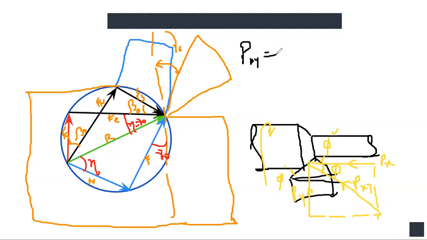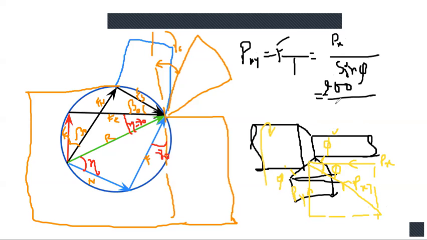Pxy or Ft equals Px by sin phi. Px value is given, 200, by sin phi. Phi is also given, 90.